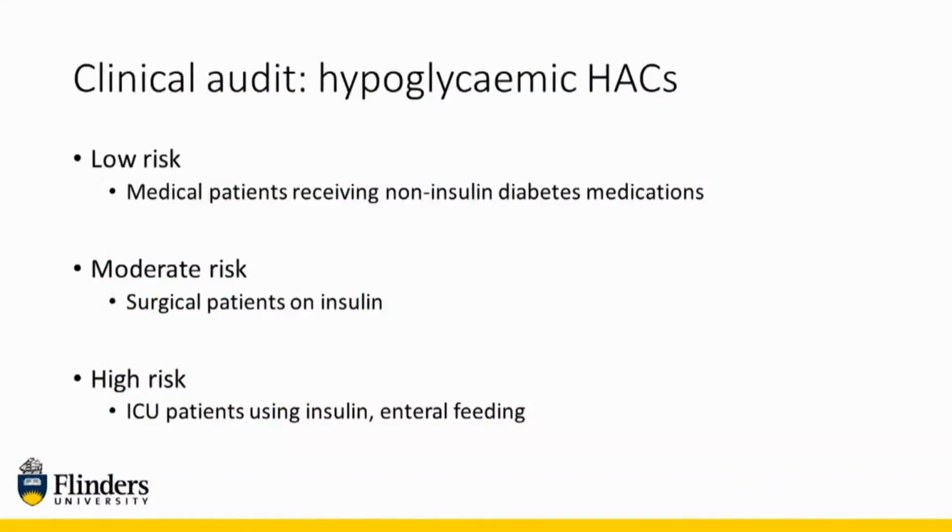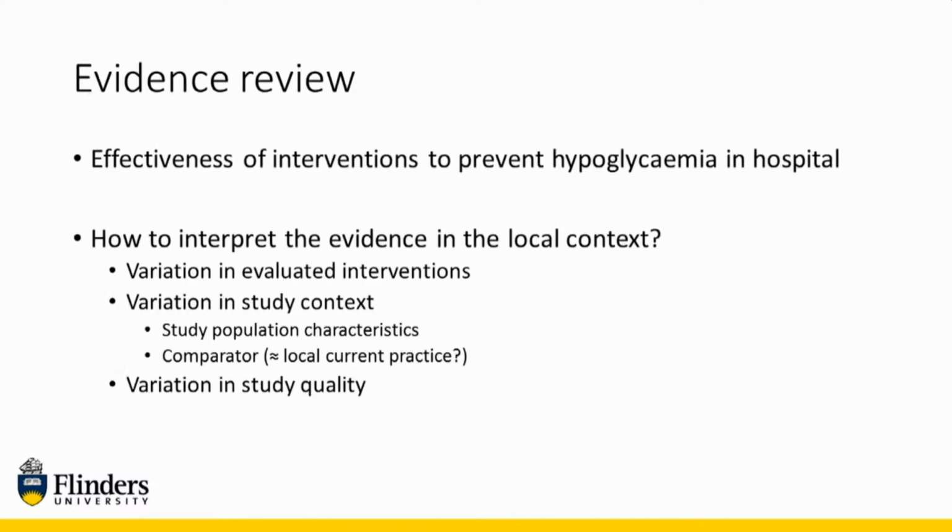So just as a hypothetical example, we may do a clinical audit and identify the types of patients who are within the low risk category, within the moderate risk category, and the high risk category. So you can see here moving from medical patients receiving non-insulin based diabetic medications through to ICU patients who are receiving enteral feeding.